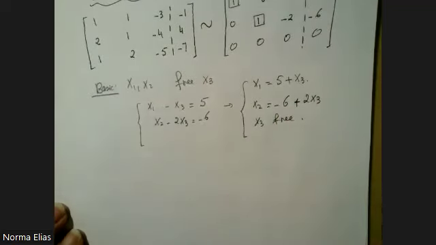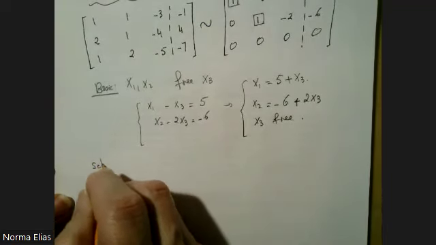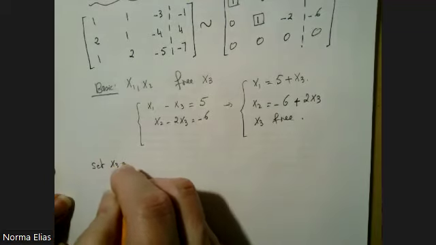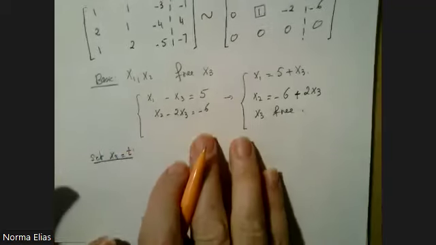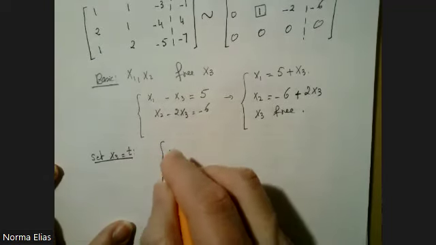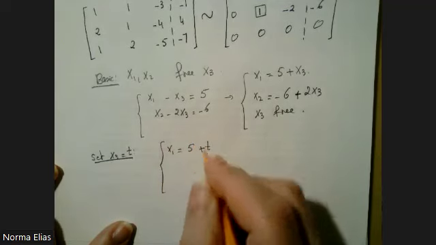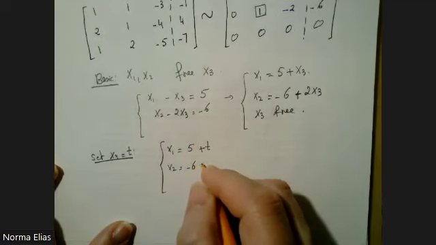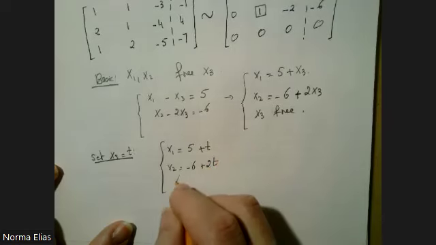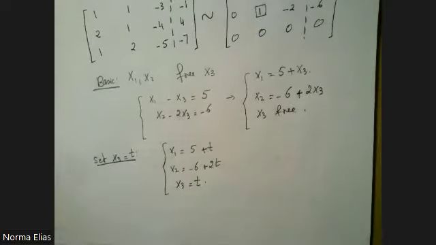Now I'm going to do the parametric representation. So we will set x3 equal to t. And then x1 would be 5 plus t. x2 will be -6 plus 2t. x3 will be t.